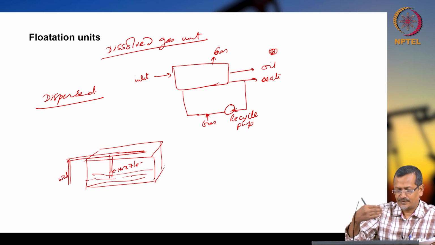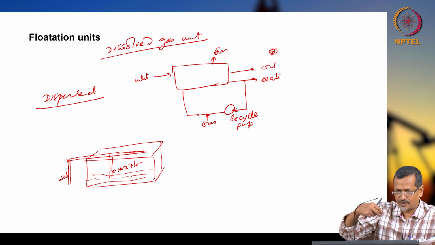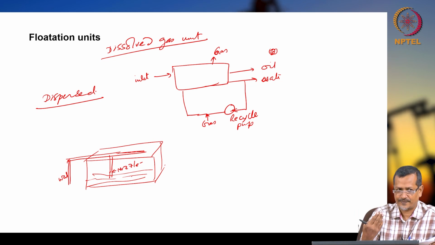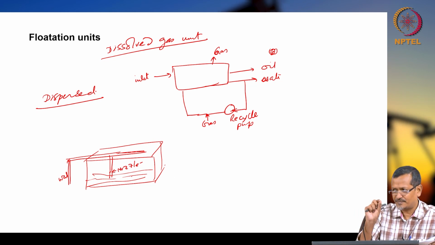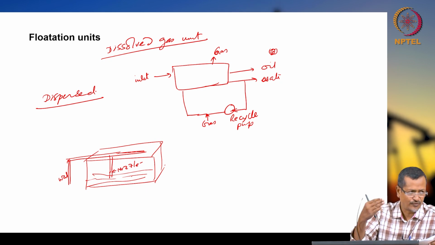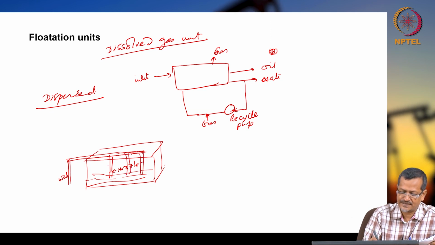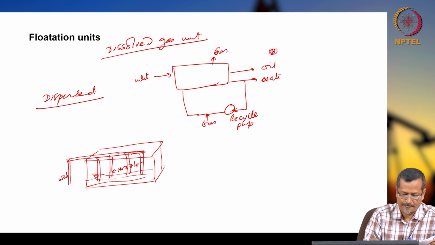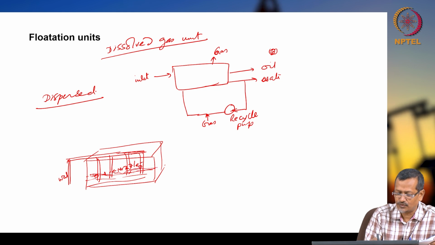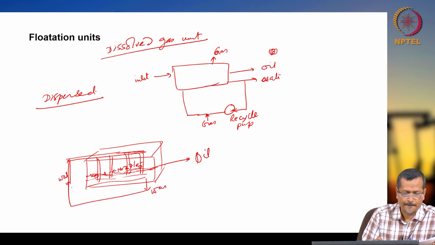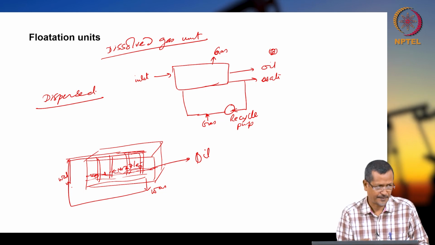Very high velocity fluid goes through the nozzle, and at that time gas is sucked in and gets mixed up. When mixing, the gas and oil particles try to float and get separated. You can create many cells and many nozzles. Over the water surface, froth is created. You take the oil out with the froth, and water from the bottom. The same water may be injected, so this recirculation will happen.